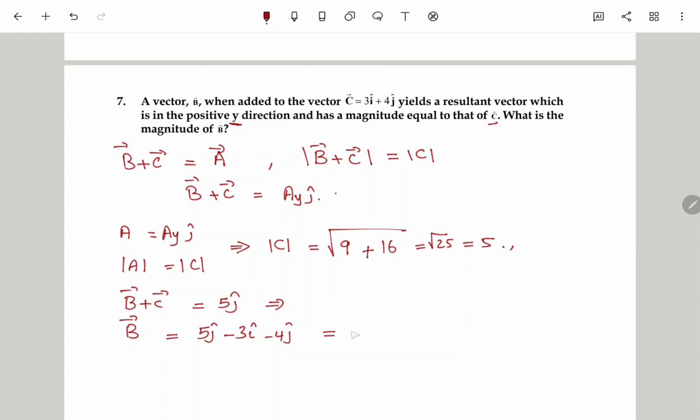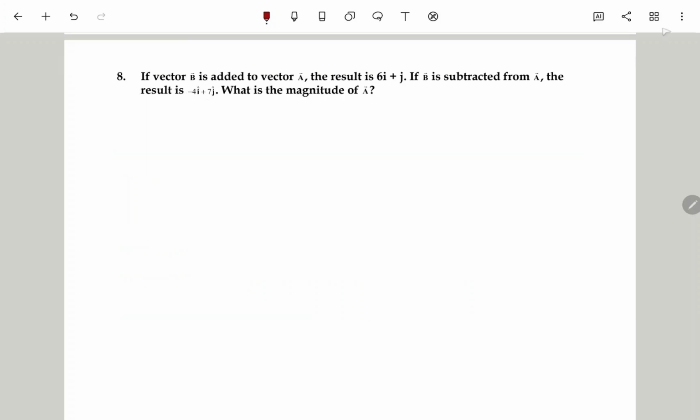Simply it's equal to minus 3i plus j hat. So the magnitude of vector B equals the square root of minus 3 squared plus 1 squared. It's equal to the square root of 10, or 3.16. This is the magnitude of vector B.